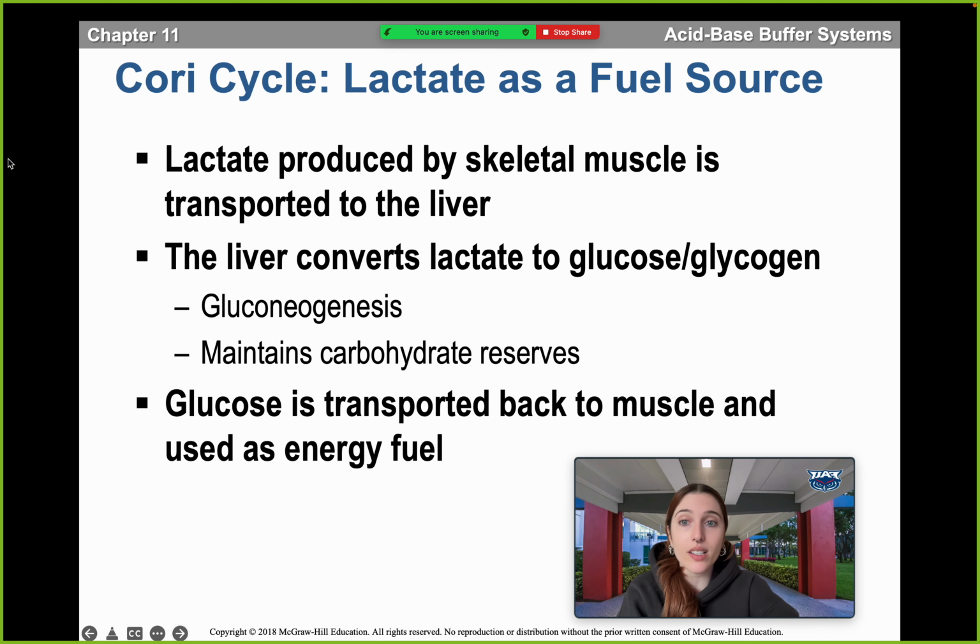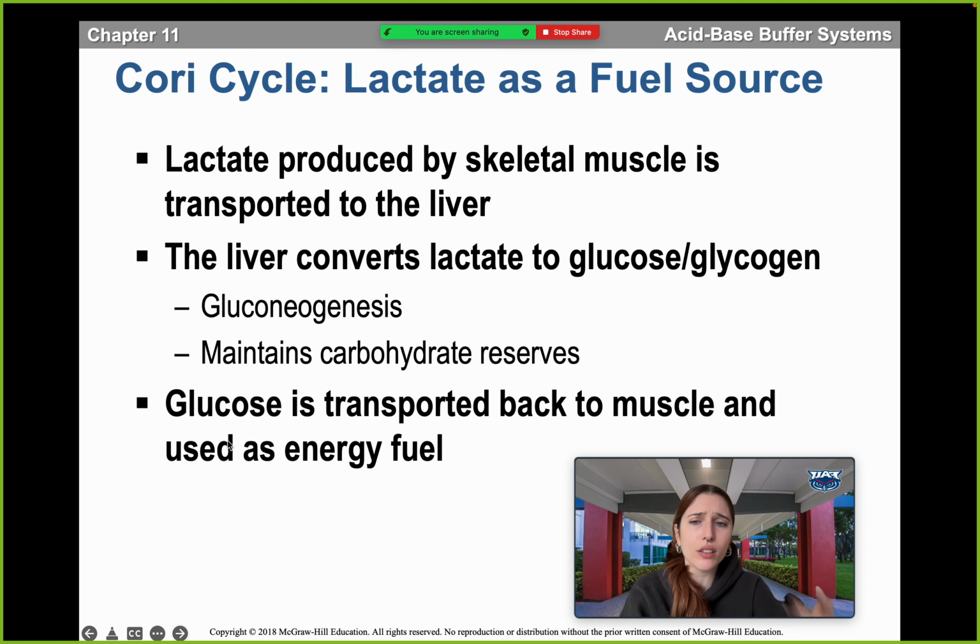That's the process of gluconeogenesis, the production of new glucose. That helps us maintain our carbohydrate reserves. Remember, our body does not like to be low in carbohydrate or glucose. So this Cori cycle works as a fail-safe to make sure that we never fully run out of glucose; it just helps us maintain it.